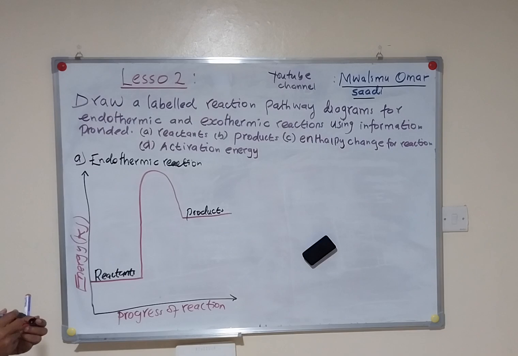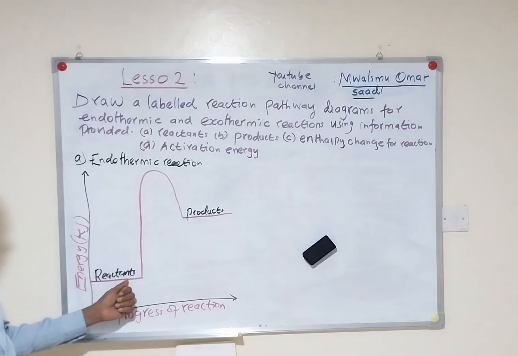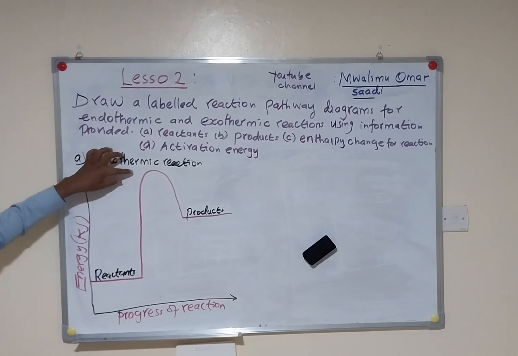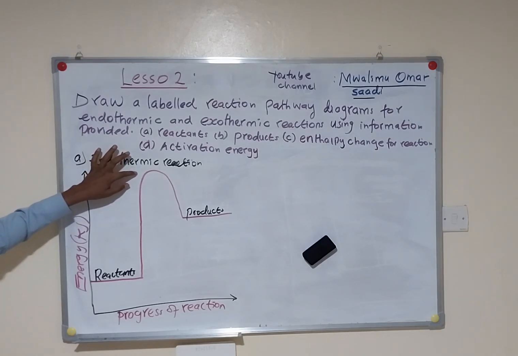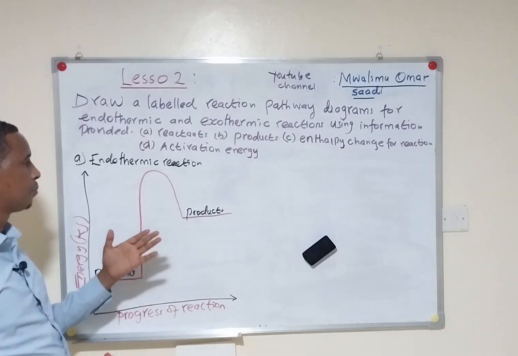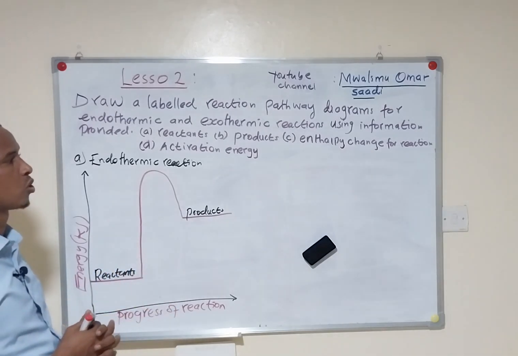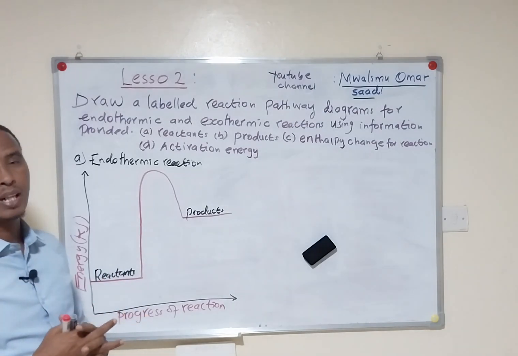The activation energy will be the energy from when the reaction starts up to the energy at the peak of the curve. Activation energy generally is the minimum amount of energy that the colliding particles need to react.